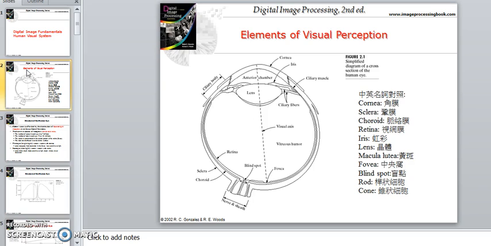Under dark circumstances, the iris is wide open, letting through as much light as possible. In normal daylight, the iris constricts to a small hole. The lens can vary its shape to focus the perceived image onto the retina.